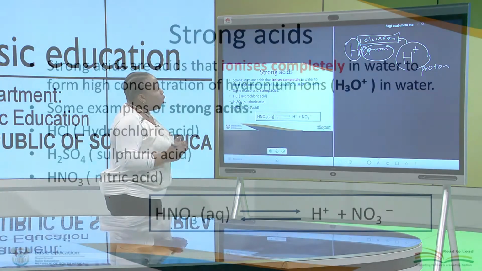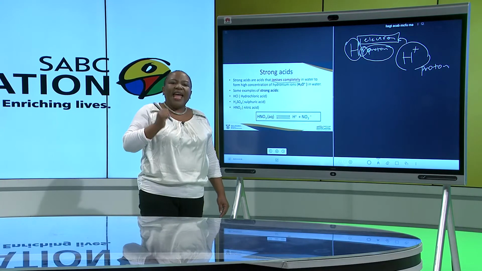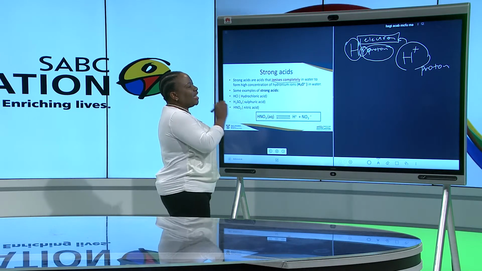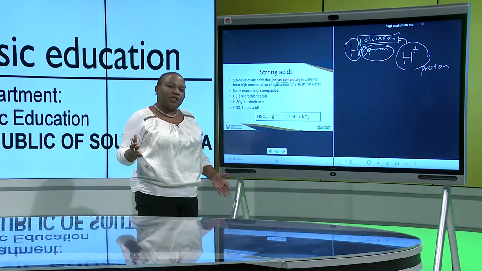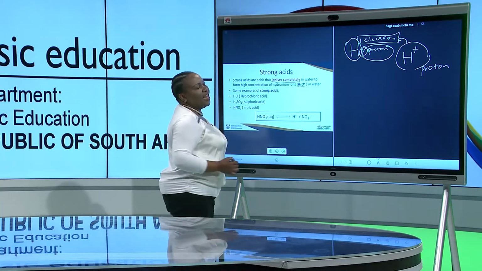Now, I am going to look at which acids are strong acids and why they are referred to as strong acids. From the definition, strong acids are acids that ionize completely in water. It is very important to understand that these acids ionize, because most of the time, when learners give the definition of acids, because they've taken it from the Lowry theory or from the Arrhenius theory, they will always look at the formation of the H3O+.